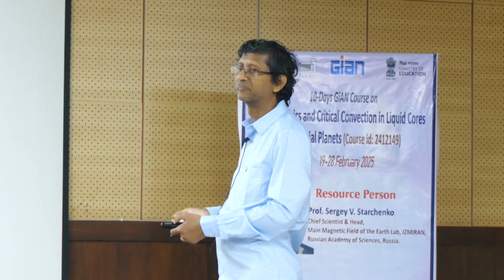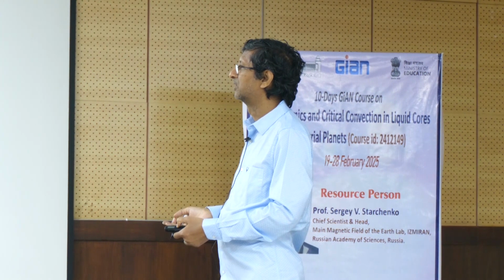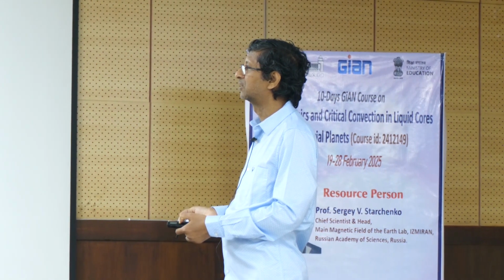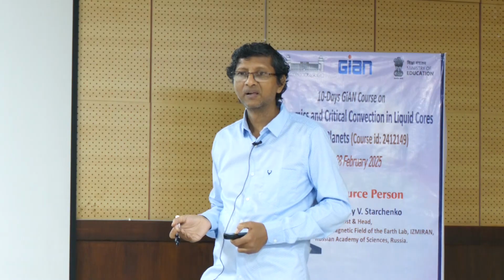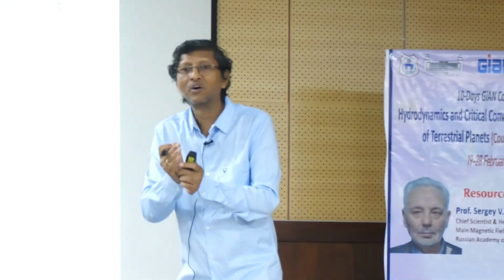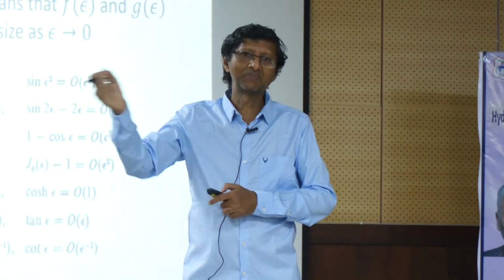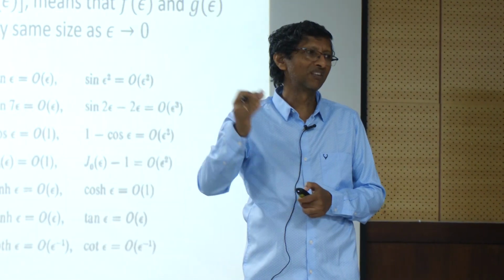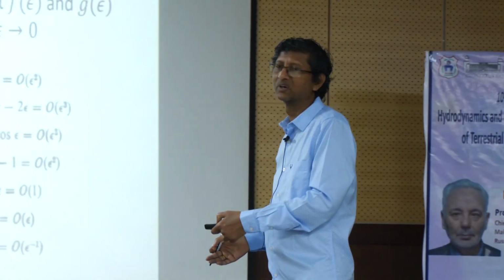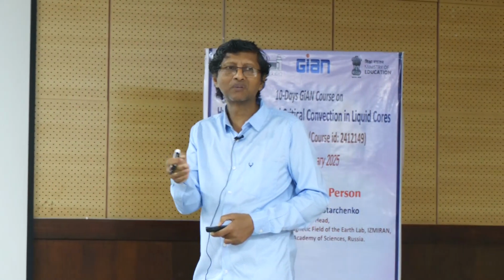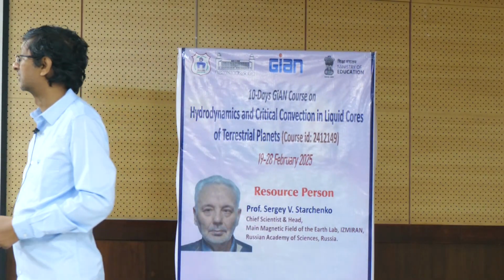This fraction is always important. In that case, we say that this is of order epsilon. Sometimes we say that the finite amplitude is of order epsilon. It means this fraction must be important in the limiting case of epsilon.